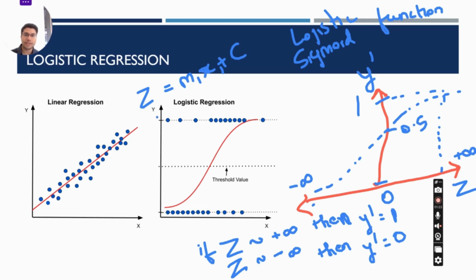Whatever the value of the linear regression, if it is positive or infinity, then the prediction is 1, and if it is negative or negative infinity, then the prediction is 0. So you can think of logistic regression as converting the continuous output into a binary output, 0 and 1.